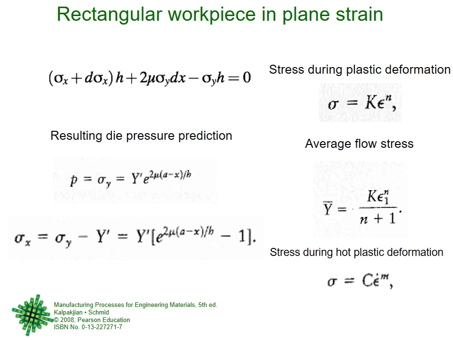So I am just showing you here, right, this side, I am just showing you what are the basic material science equations in the plastic region, for average stress in the plastic region, and for stress if it is working at a higher temperature.